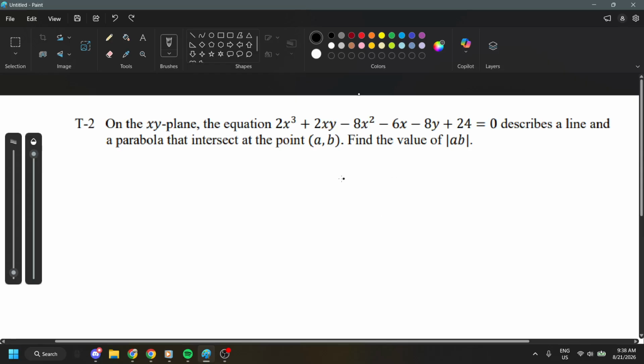Oh, they intersect at the point AB, so they intersect at one point. So it's gonna look like that probably, or this is tangent. And we're looking for this.